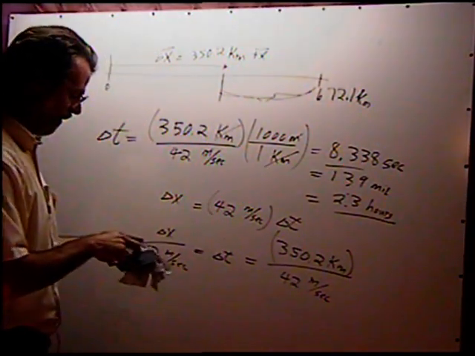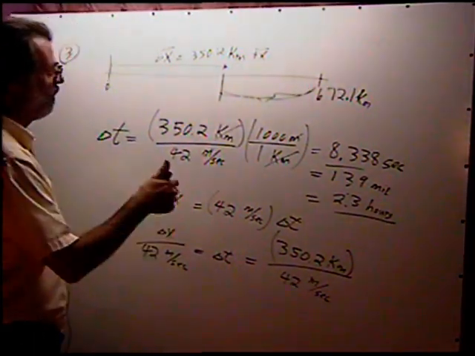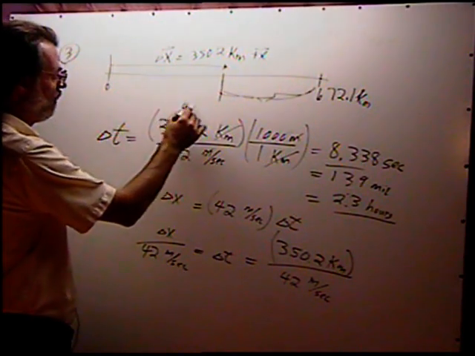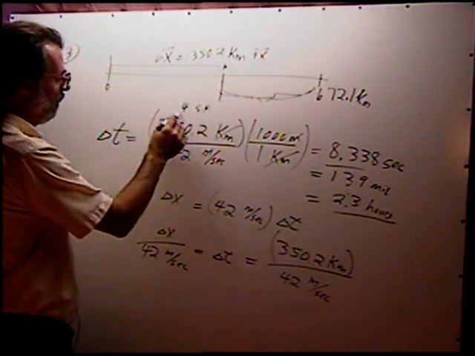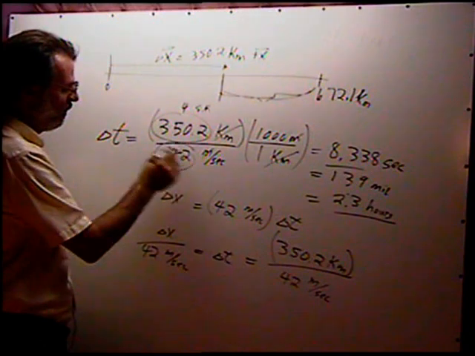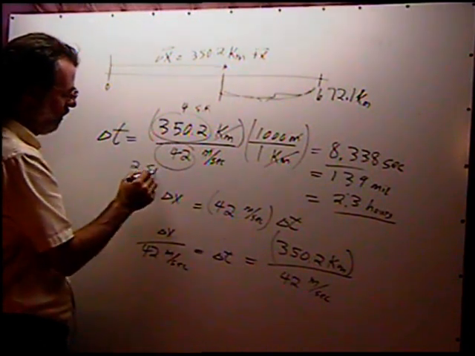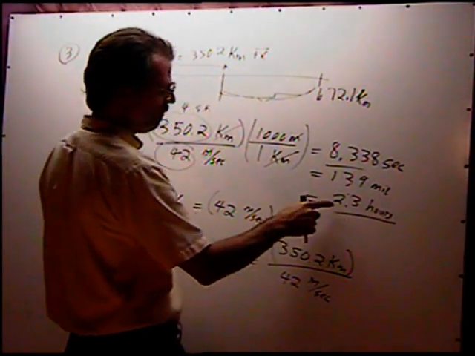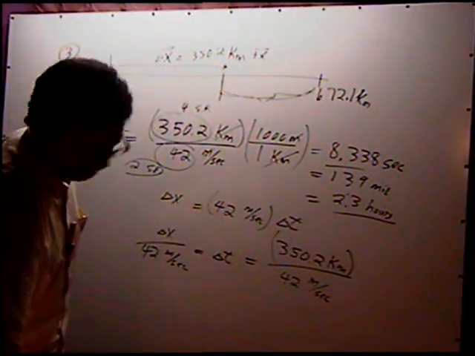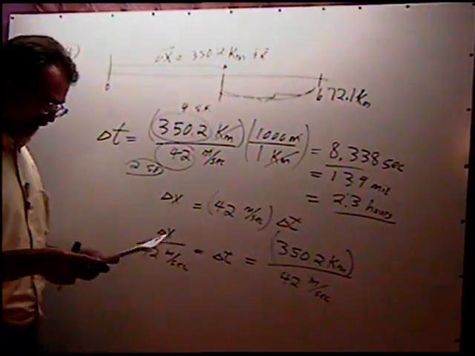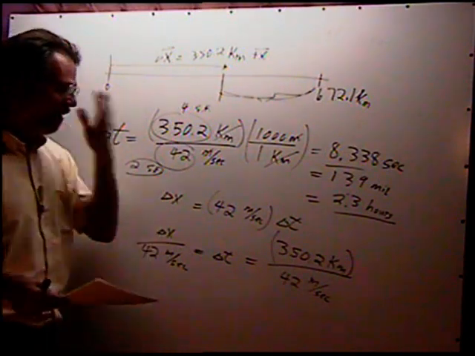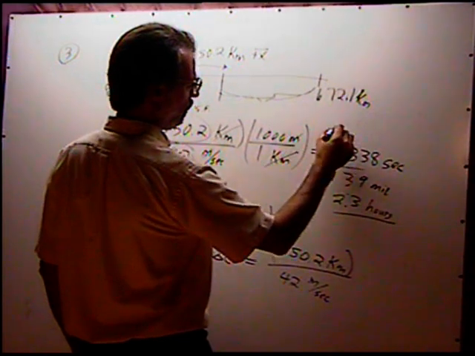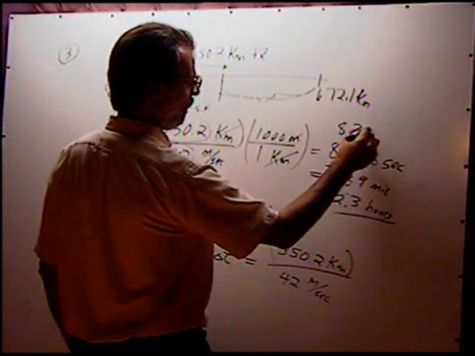Notice here, from a significant figure point of view, this has 4 significant figures, but this quantity here only has 2 significant figures. And so really we should limit our final answer to 2 significant figures. So if we wanted to leave it in seconds, we could certainly say 8,300 seconds.